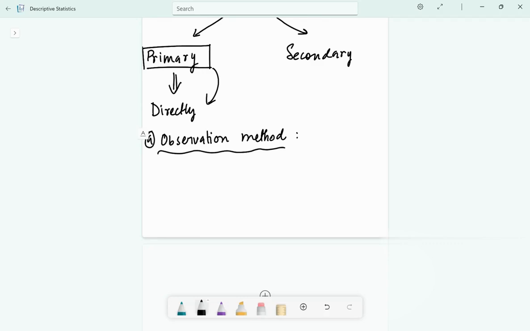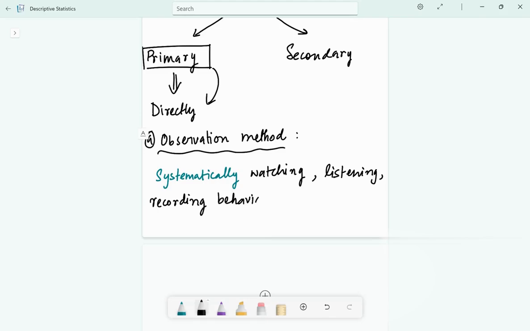What is the observation method? Method of data collecting by systematically watching, listening, and recording behavior, and participating in the events as they occur in their natural setting.